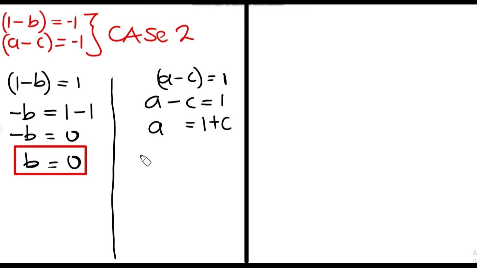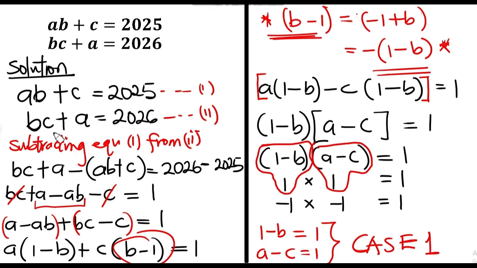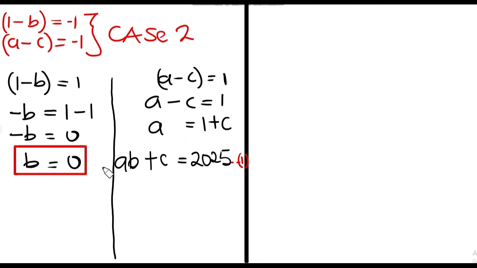Then we can go back to equation 1 to get the answer to the remaining variable. We say ab plus c equals 2025. That is equation 1. From this equation 1, if I substitute the value of b, which is 0, I'm going to get the value of c.